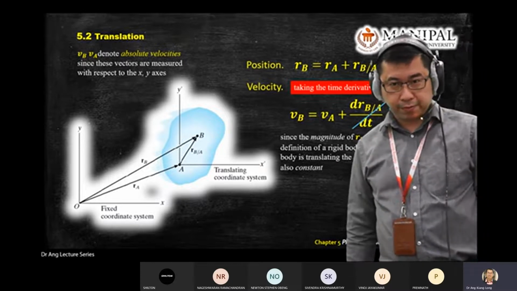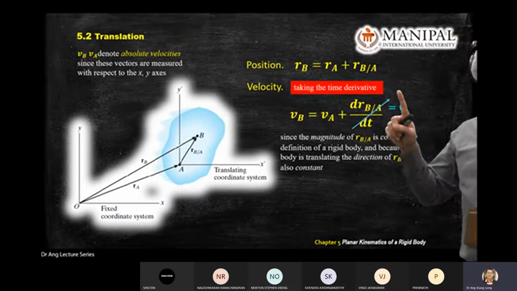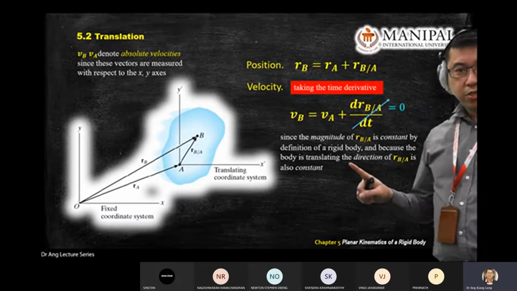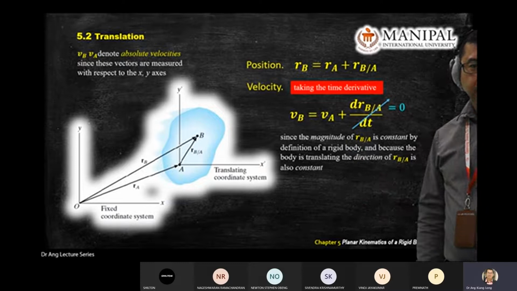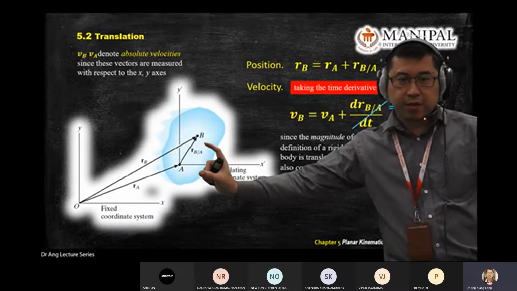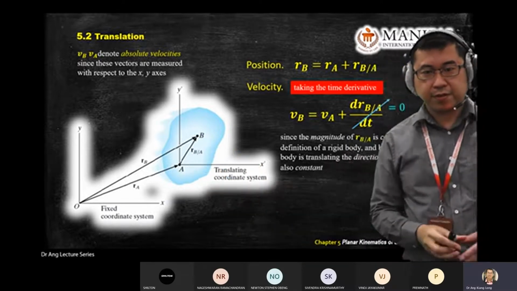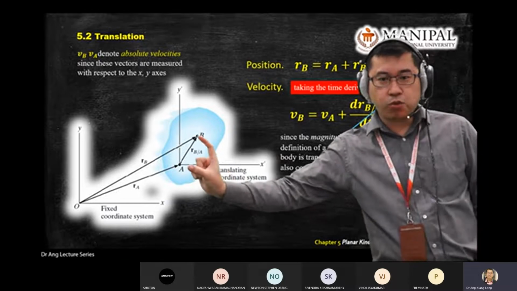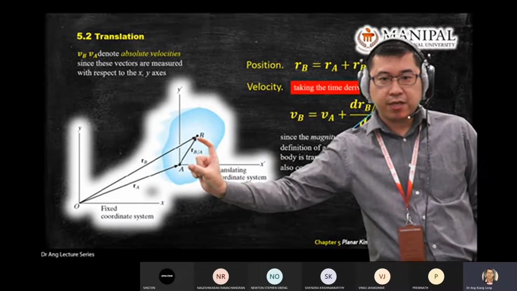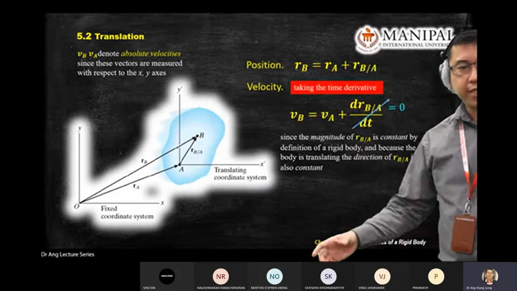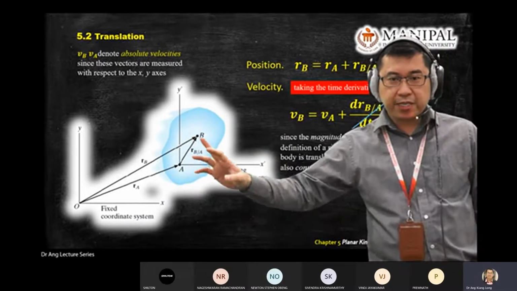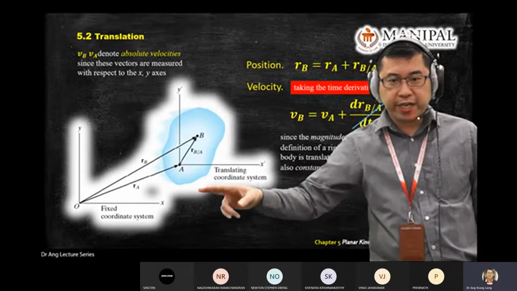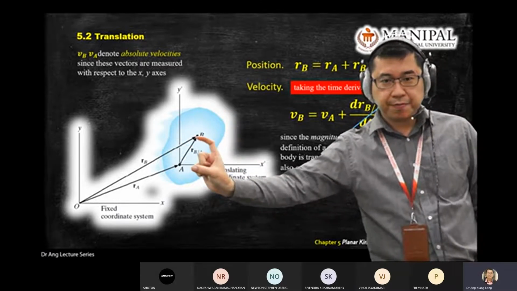So I'm going to explain why this one becomes 0. Since the magnitude of RAB is constant, this one is constant. This one, A to B position, is always constant. Not always, but in this case, A and B distance on the blue body here is fixed.